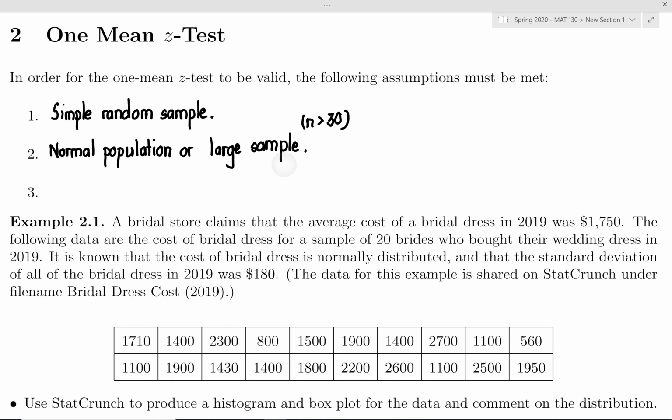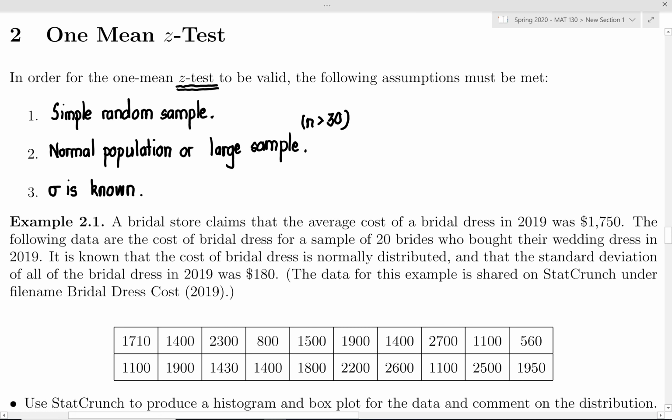And finally, the fact that we're using a z-test is because we know the population standard deviation. So the third requirement is that the population standard deviation, sigma, be known.